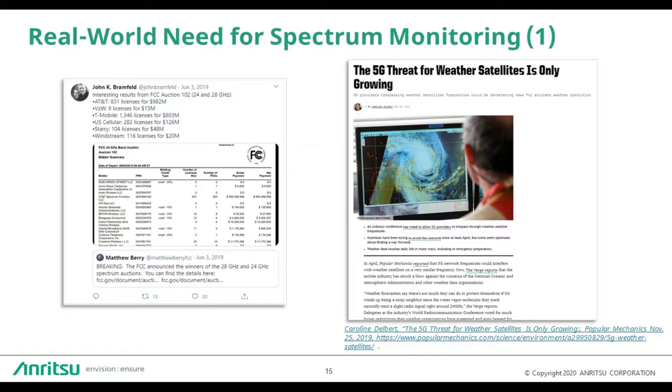In this case, the challenge is that right below 24 gigahertz, in the 23 gigahertz band, you have weather satellite communications that are critically important for monitoring weather patterns and predicting weather for public safety and for national interest.